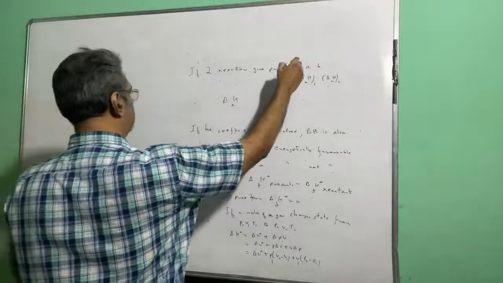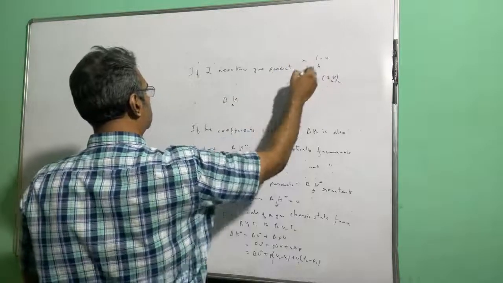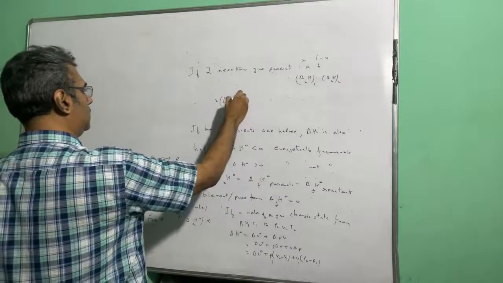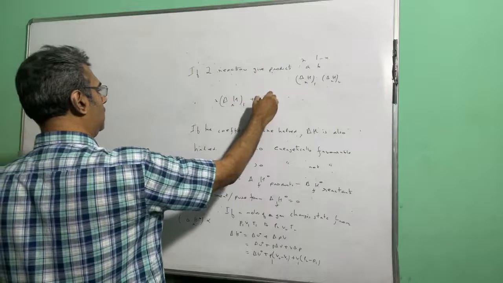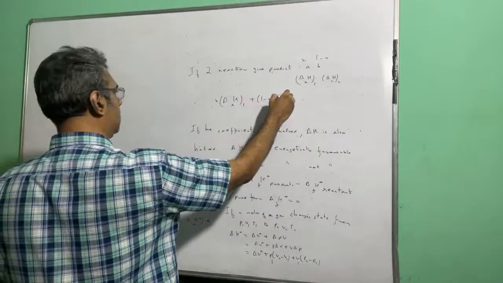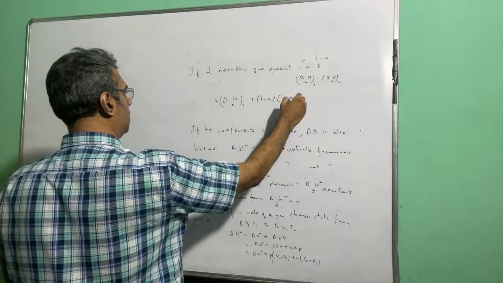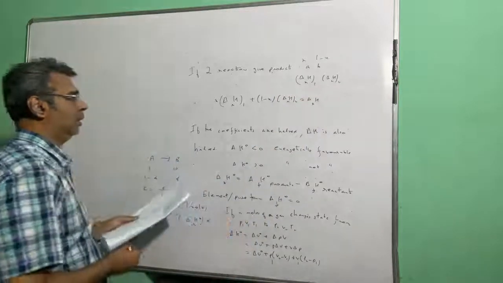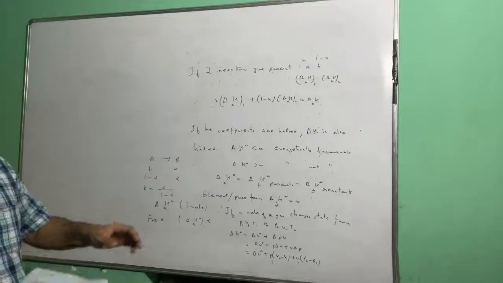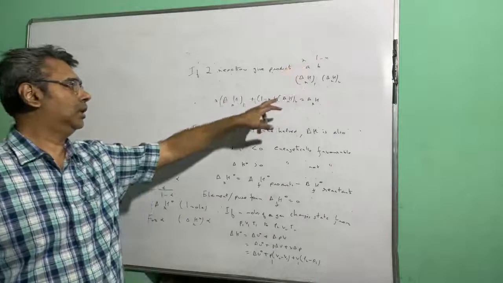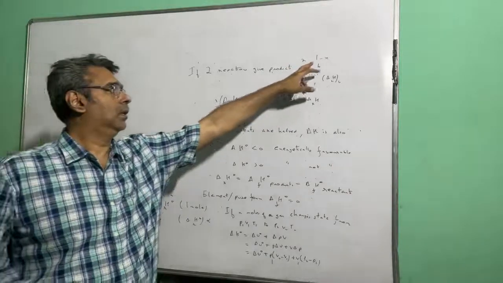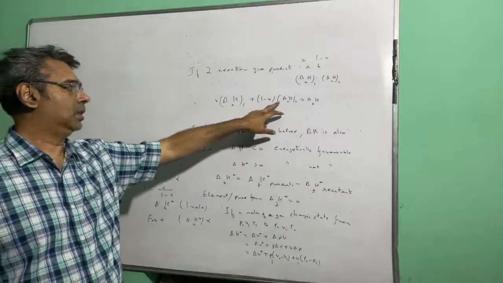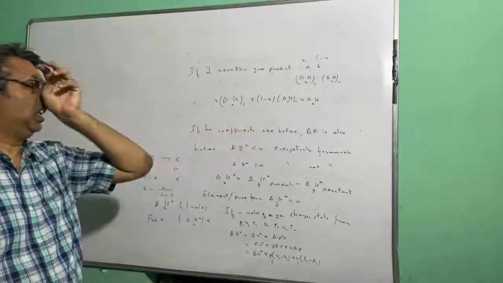If the mole fraction of A and B is x and 1 minus x, then x into delta HR1 plus 1 minus x into delta HR2 will be equal to delta HR. So the overall heat of the reaction will be mole fraction into heat of the first reaction plus 1 minus x into heat of the second reaction, right?